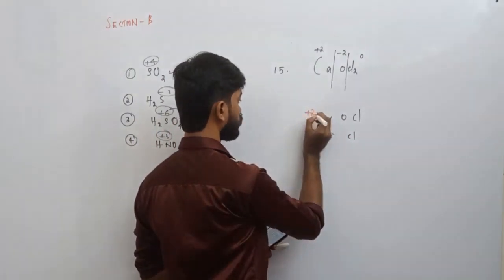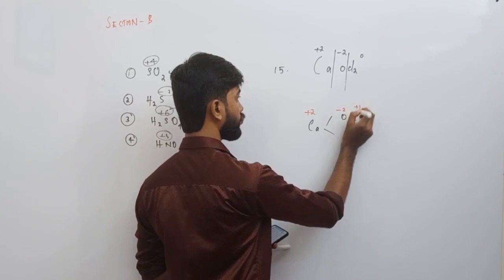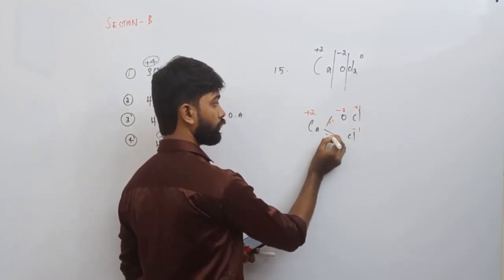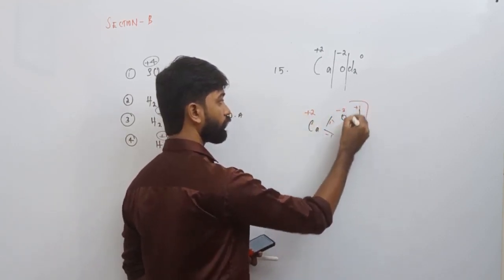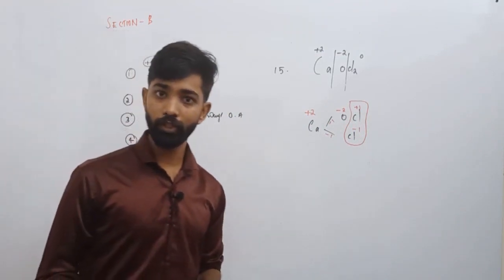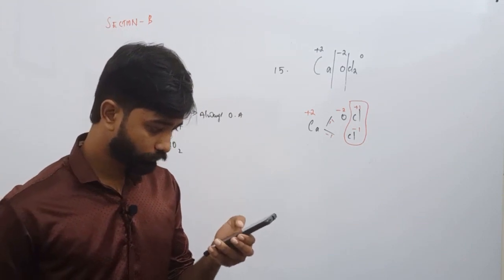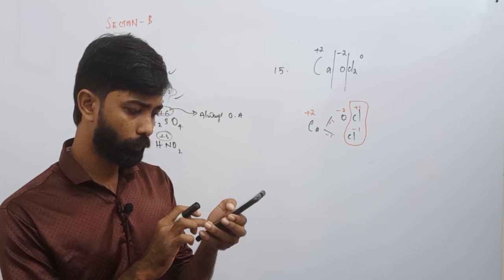So calcium plus 2, this chlorine minus 1, and this oxygen minus 2, this chlorine plus 1. So 2 chlorines have 0 total oxidation state. Individually they have plus 1, minus 1, but the sum will be 0. Here the average is asked, so you can choose it as 0.